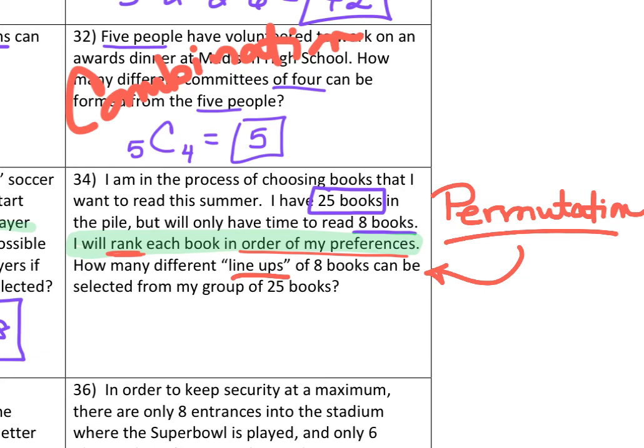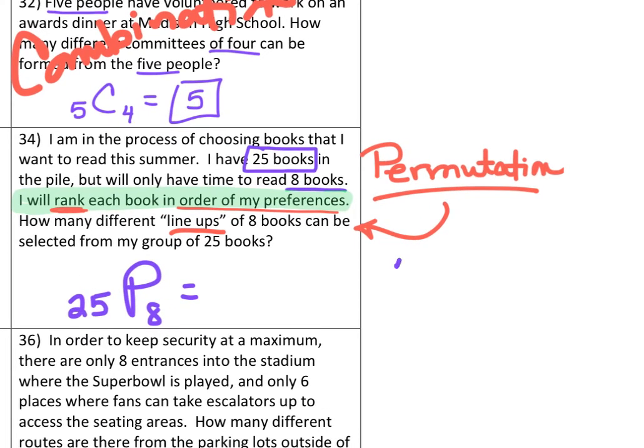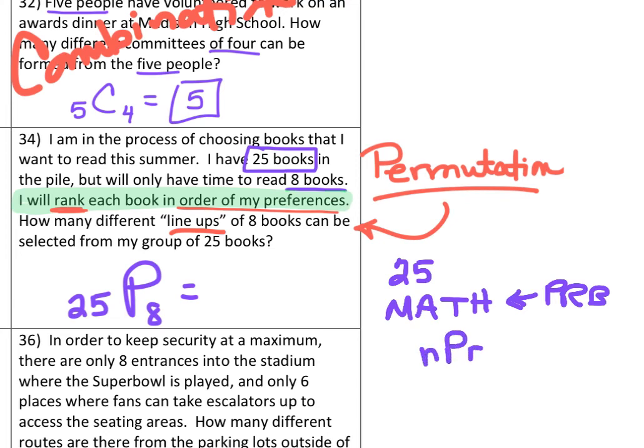And so to type this into my calculator, 25 permutations of things taken 8 at a time, I'm going to type the 25 first, and then I'm going to press math, and I'm going to left arrow to PRB. And this time, the nPr is number 2.